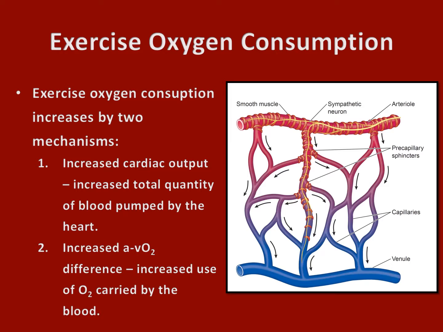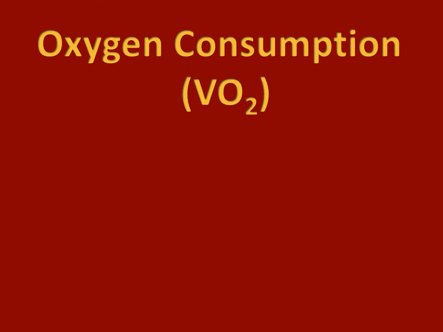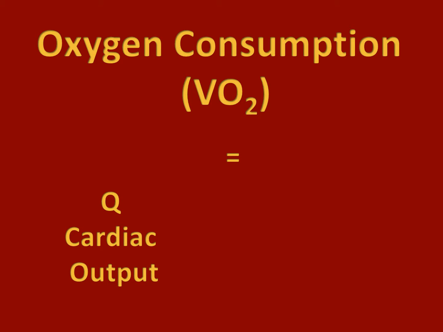This means the ability of the body to transport and also use oxygen. Oxygen consumption, VO2, is determined by the product of cardiac output times arteriovenous oxygen difference.